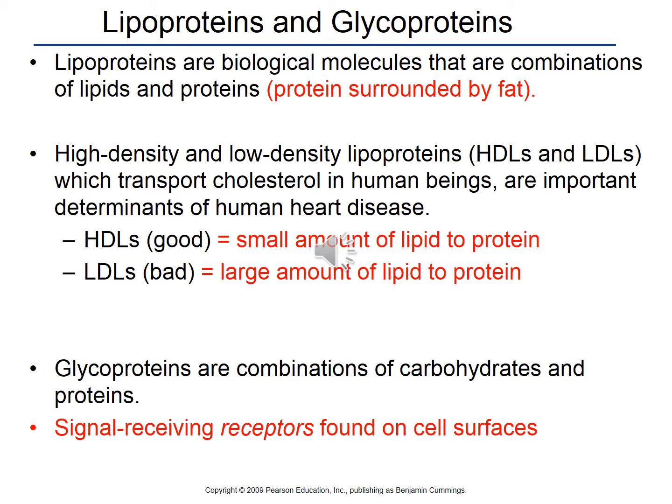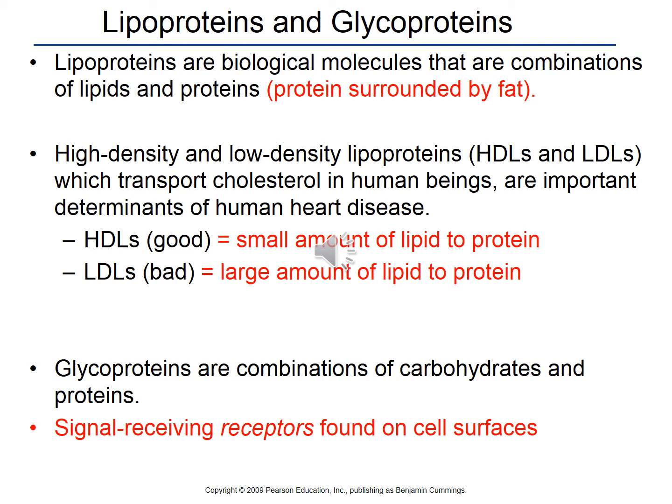You'll probably never eat another peanut M&M again. Okay, so if you think about an HDL, there's a big peanut inside and a very thin coat of chocolate. Those are the good ones. You want a lot of protein, little bit of fat.